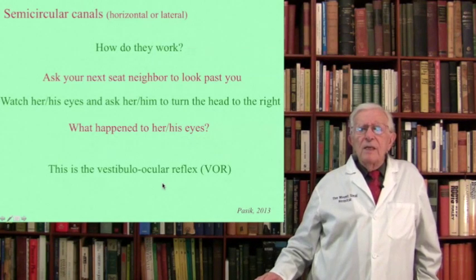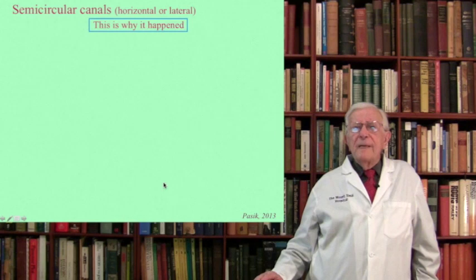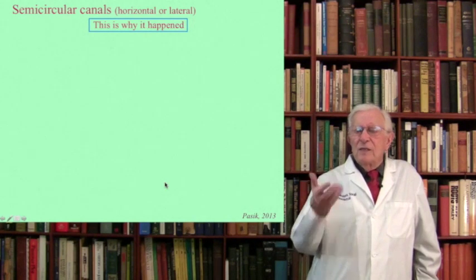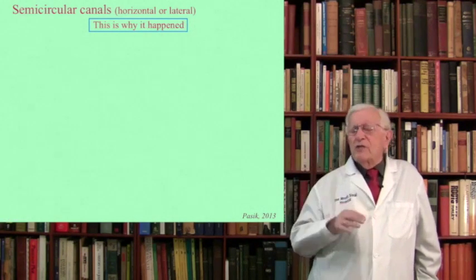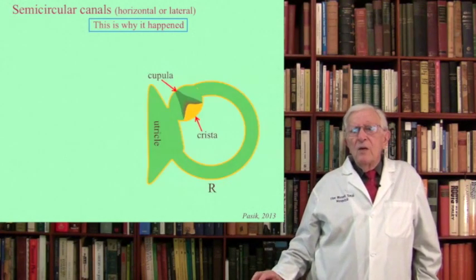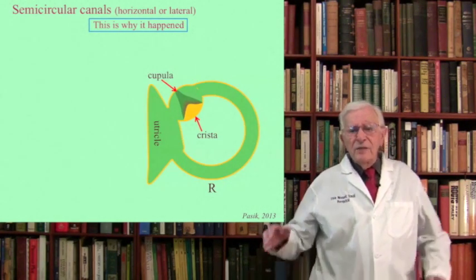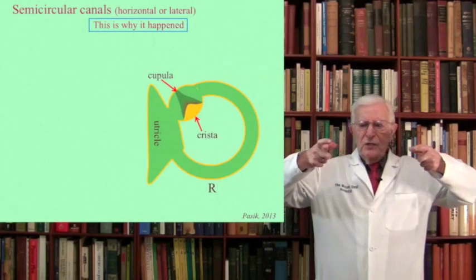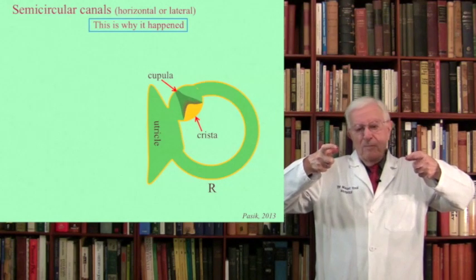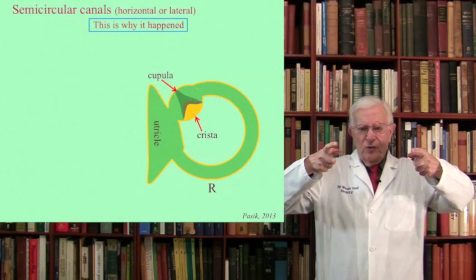All right. Now, let's see why it happened. You have the empirical fact that you turn the head to the right and your eyes go to the left. Now, let's see why this happens. You have your two horizontal canals in this situation, and the cupula and the ampulla are on the front.